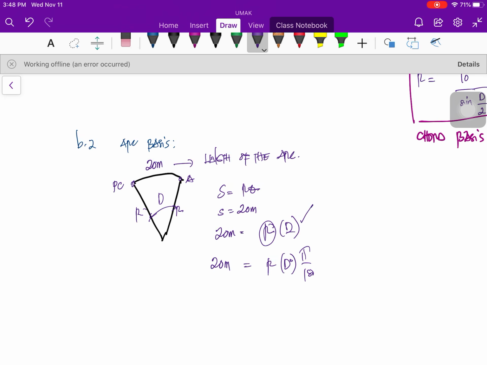So R will be 20 meters all over pi D all over 180.